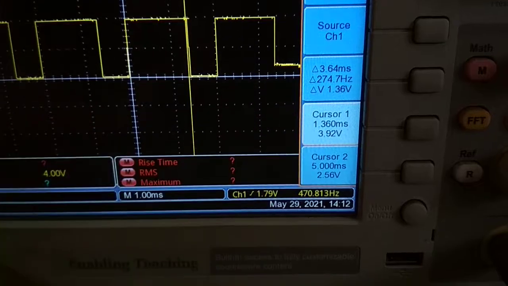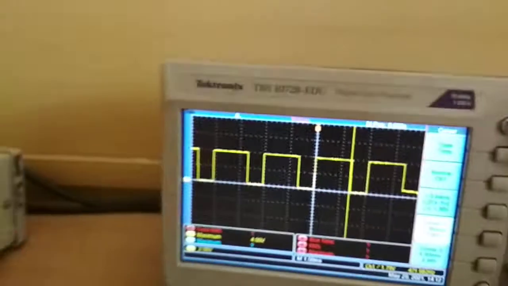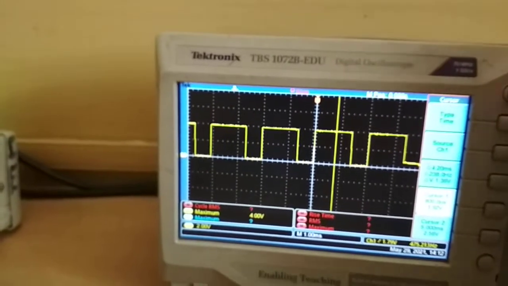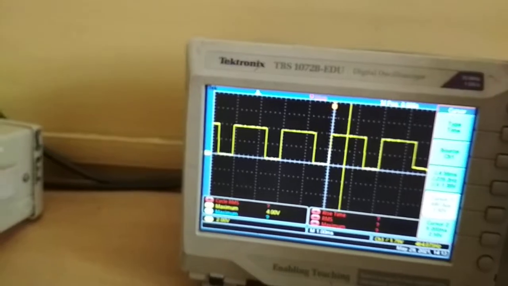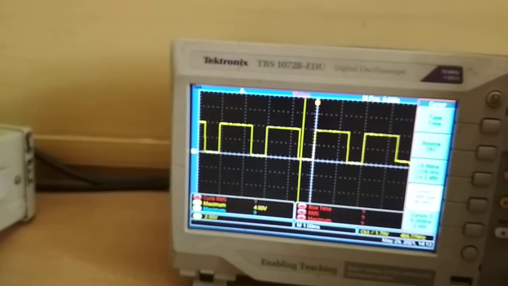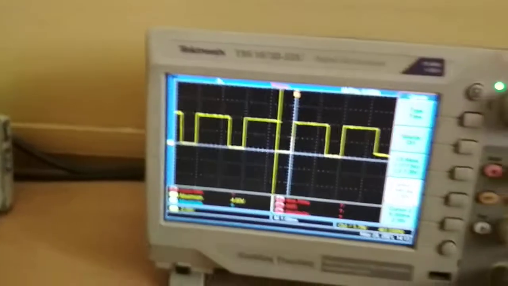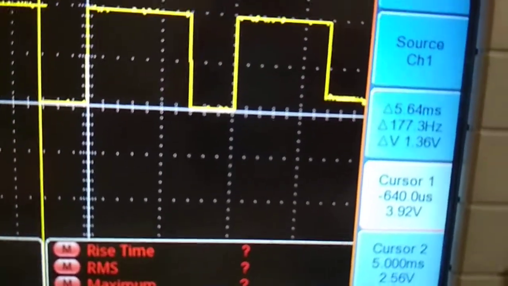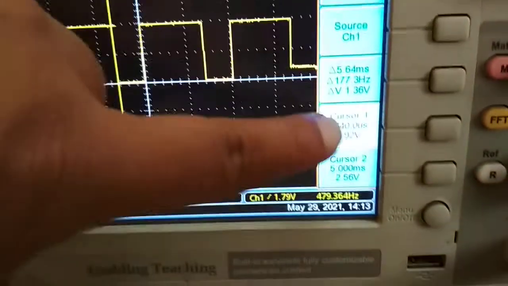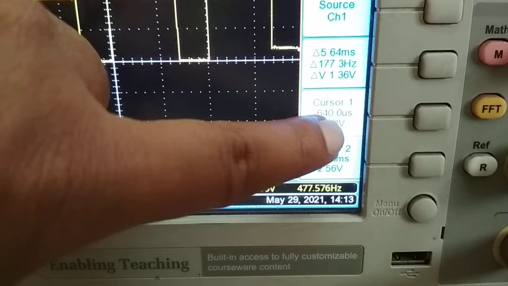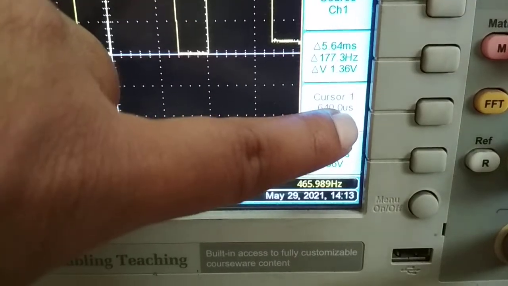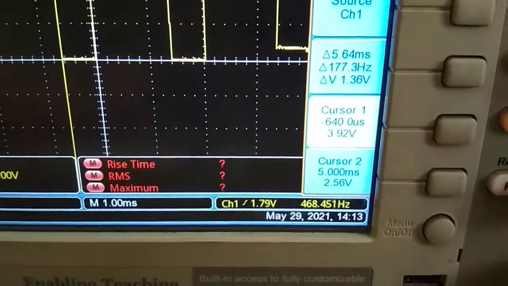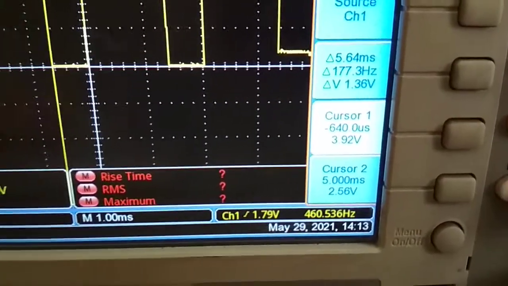Then the T off time. The cursor is fixed in the middle of the grid of this DSO. Now the T off time is 640 microsecond. Just take this reading and note it down.